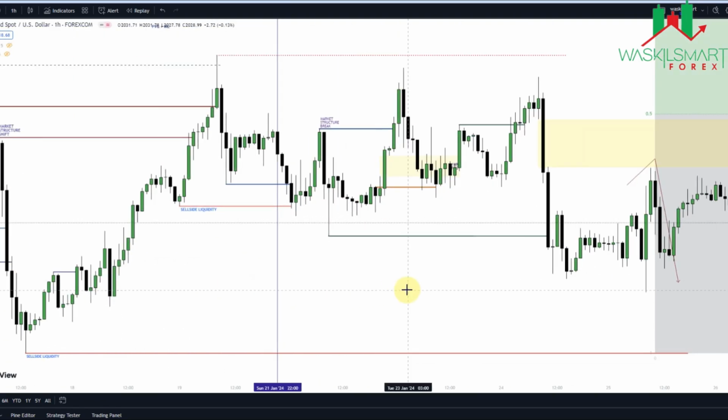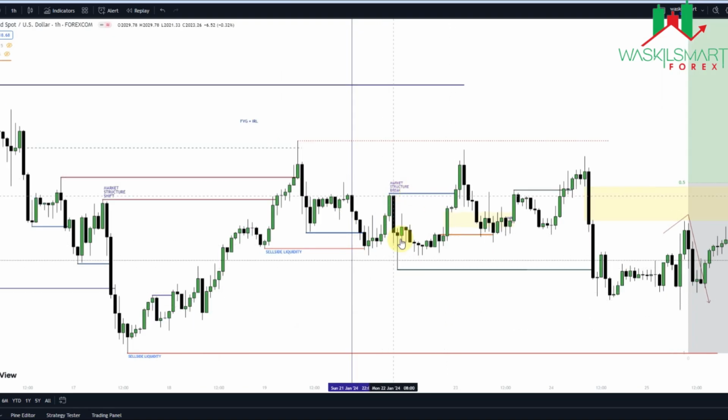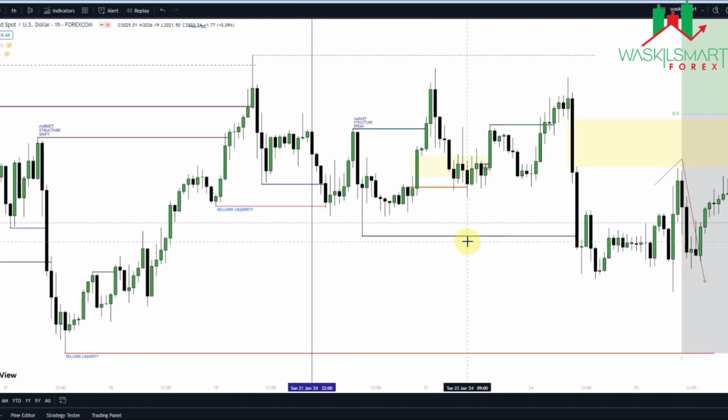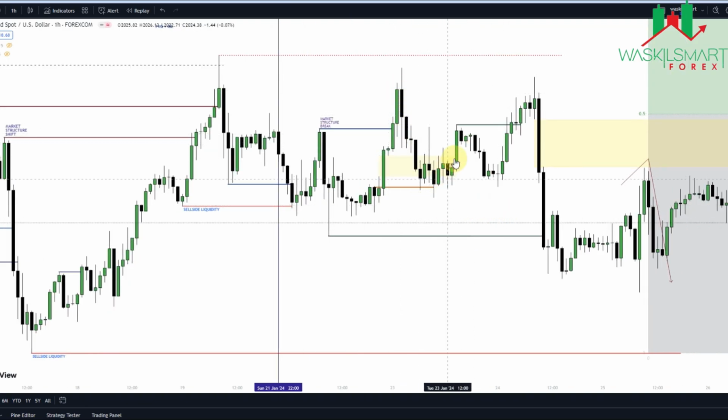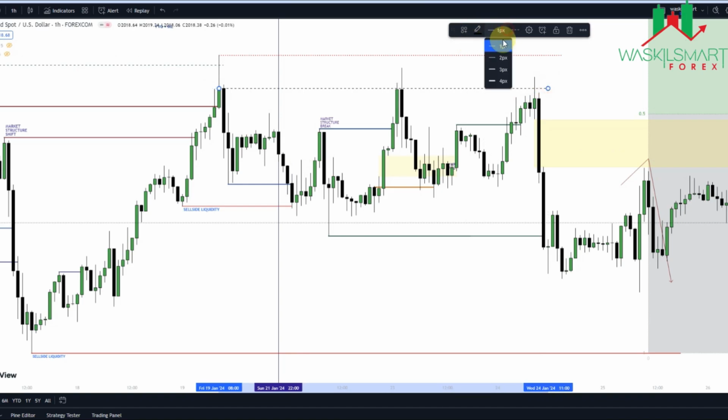You can see the week has been so up and down. I was thinking the market was bearish, then bullish. If you look at this zone here, you see that the market retraced here, here, and here.